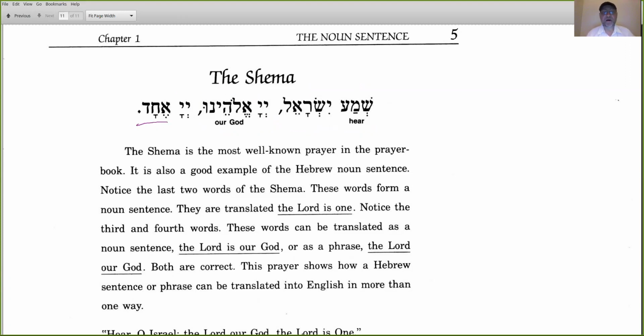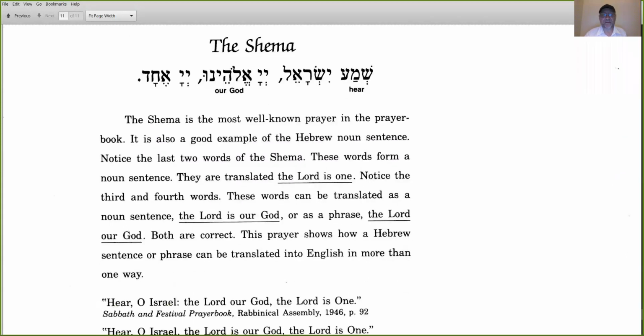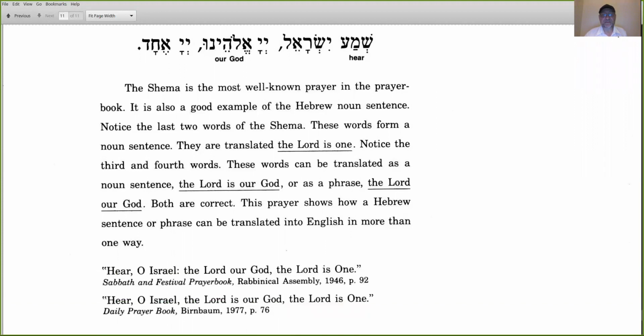So the Shema is the most well-known prayer. And the Jews and the Messianics use it many times in their services. It's also a good example of a Hebrew noun sentence. Notice the last two words of the Shema. These words form a noun sentence. They're translated, now remember, they're using titles, the Lord is one, but we did it as Yehovah is one.